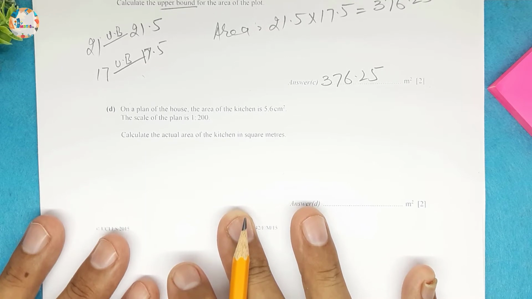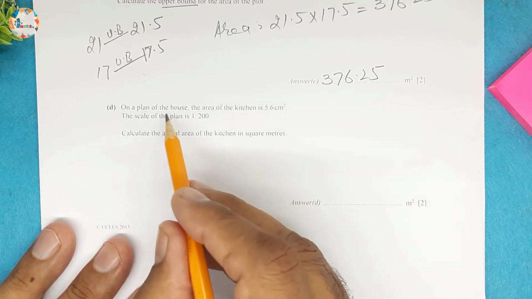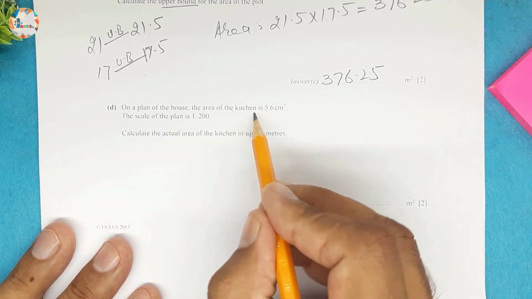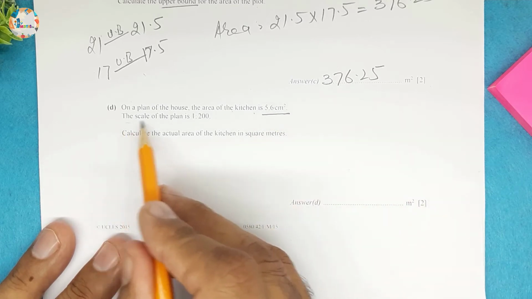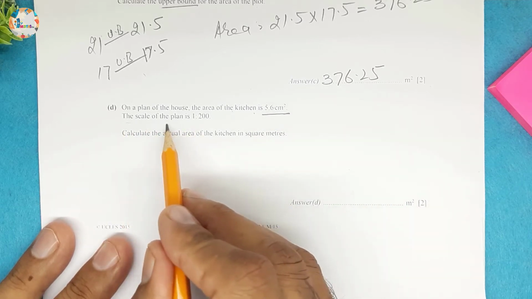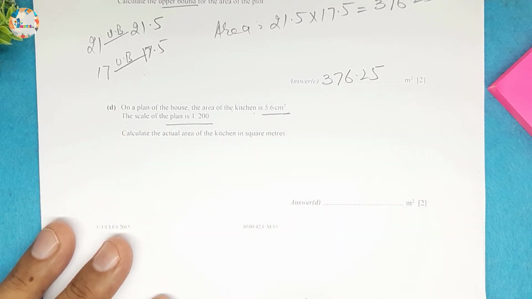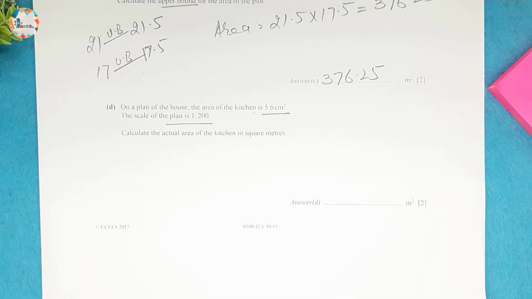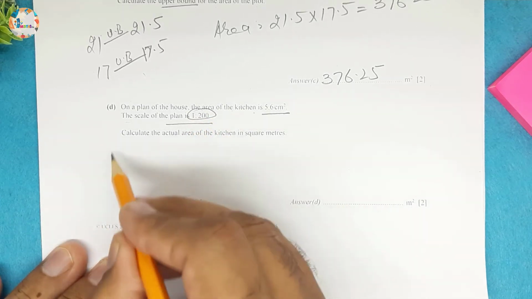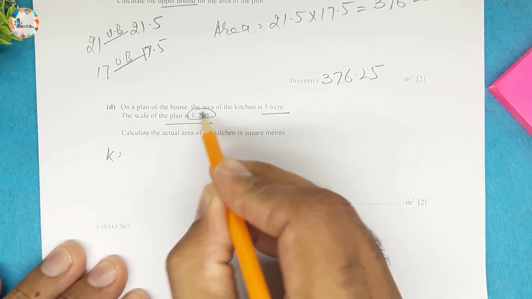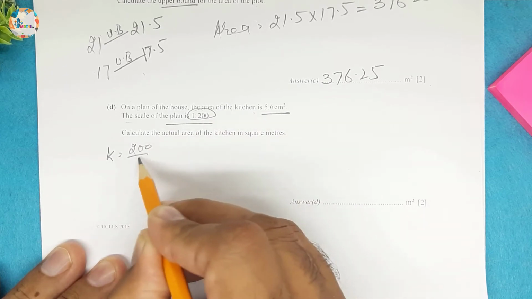D part. On a plan of the house, the area of the kitchen is this much. The scale of the plan is 1:200. Calculate the actual area of the kitchen in square meters. So we can use this conversion ratio. K factor will be equal to 200 divided by 1.